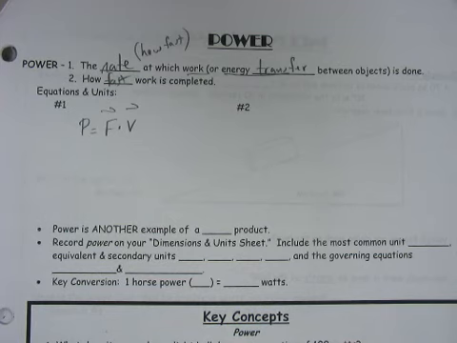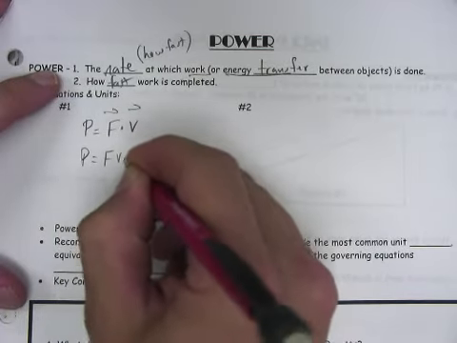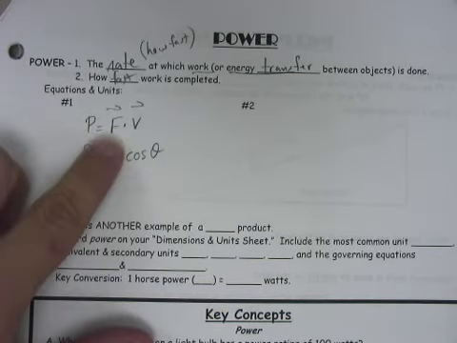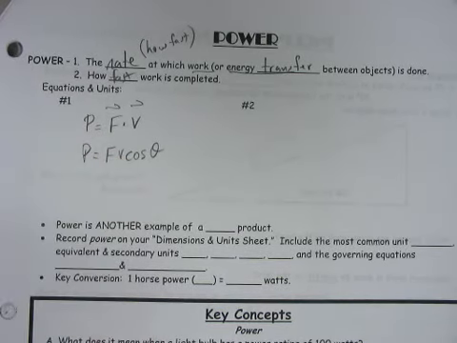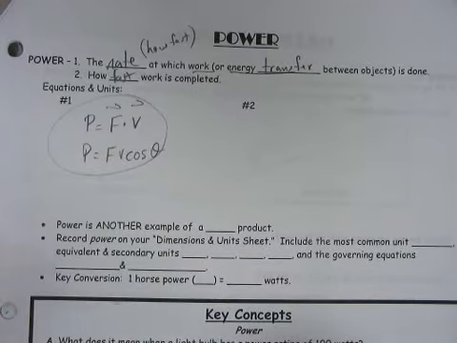It's how quick. So if it's a dot product, then we can also define it as F V cosine theta. Remember that anytime you have a dot product, you can redefine it that way. Just remember that at the beginning, and these are vectors, and down below we take the vectors off and just use the cosine part. Okay, so this is one equation that we can use.